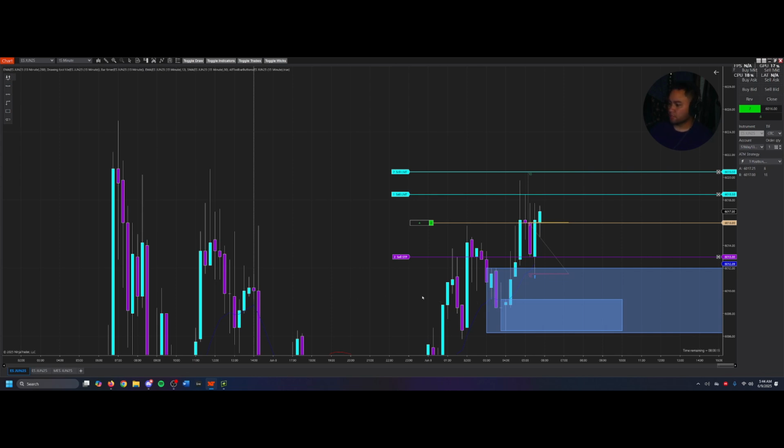I think I'm gonna hold this as long as possible because even though it's spiked down a bunch of times, it still keeps going back up. Like it wants to go up. We're in a bullish trend. We're going with the trend. It should go up.